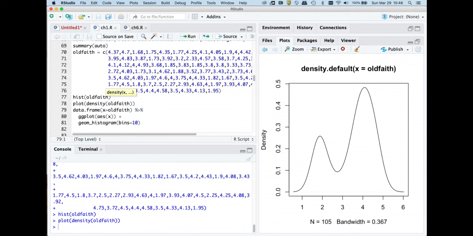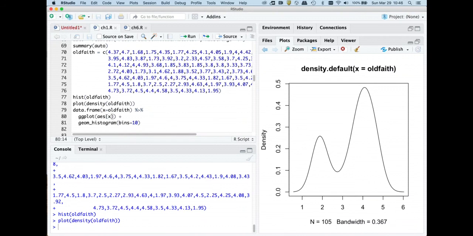Now, just to introduce you to ggplot, here's the ggplot version of it. I'm going to make a data frame out of this, and then I'm going to send that data frame to the ggplot function. And aes stands for aesthetic. This is just going to define what variable I'm studying.